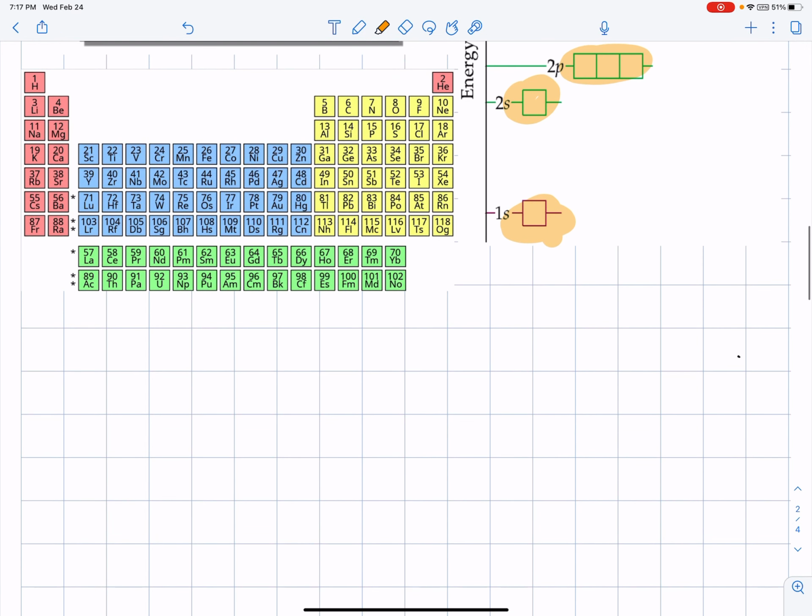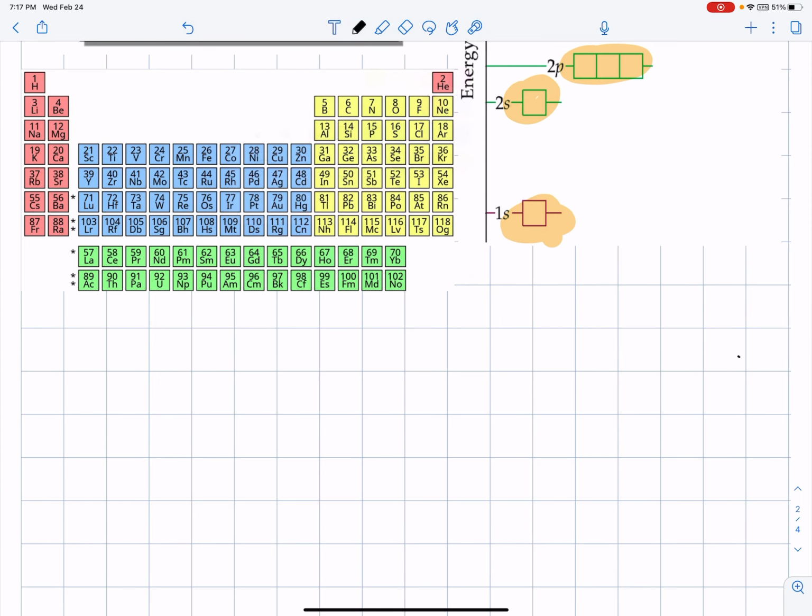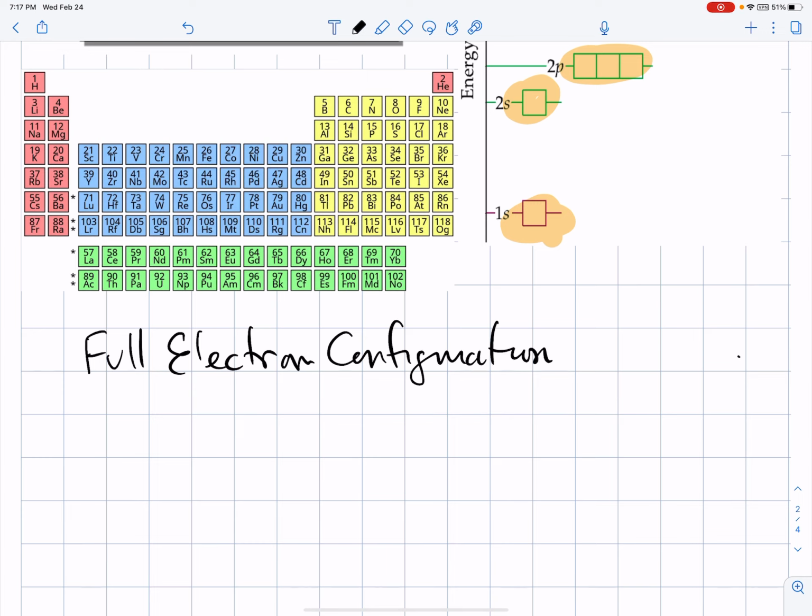So let's just quickly check your understanding of that, because we need to take where we left off and move from there. Can you pause the video and try this yourself, can you draw me the full electron configuration for the following element? Actually, let's do a couple of them.